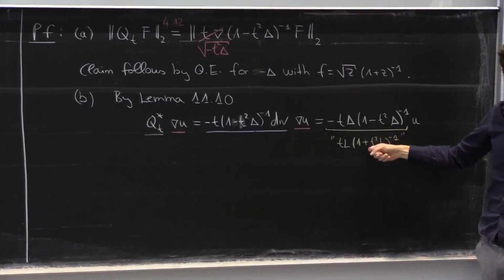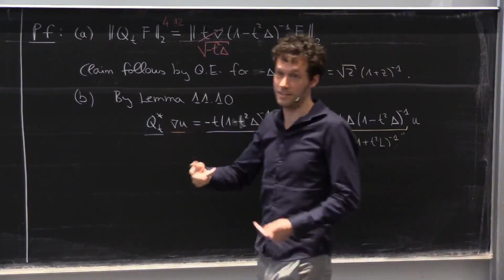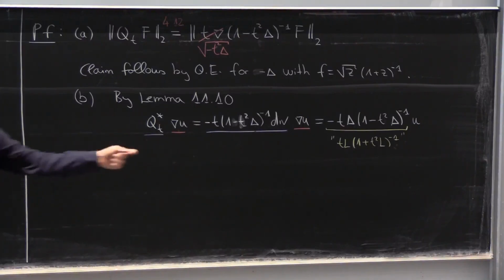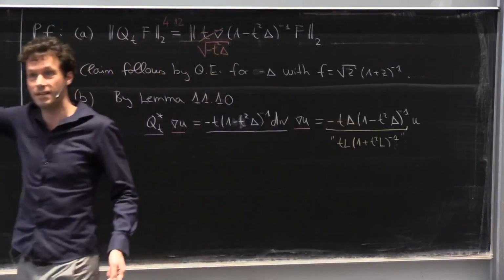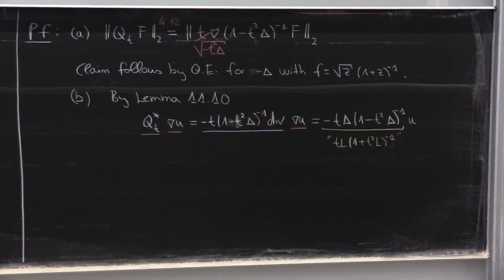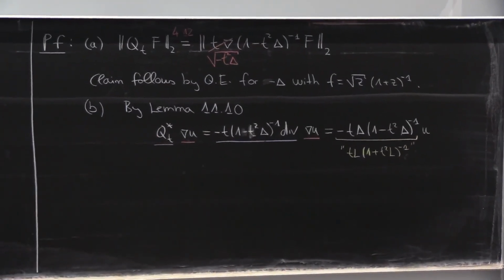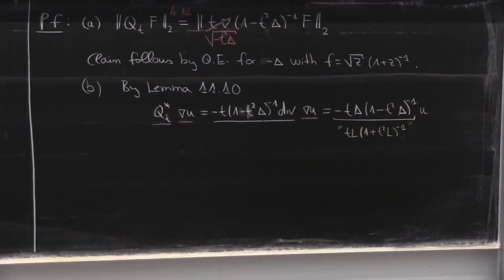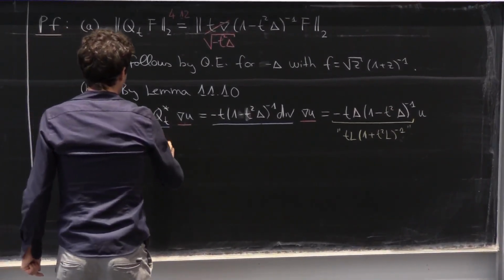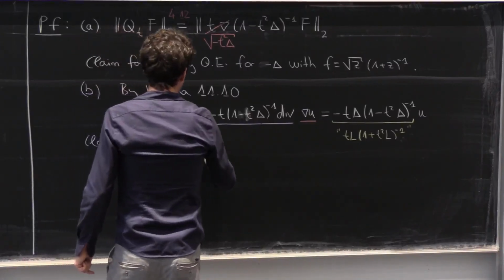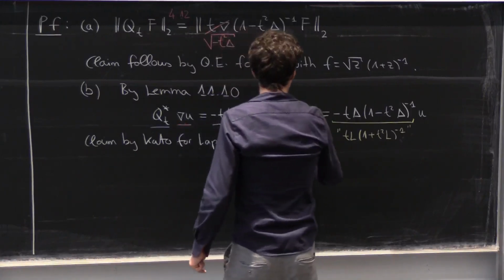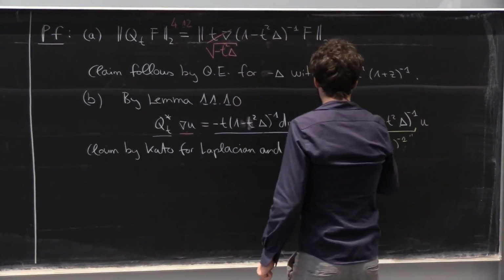And the square function estimate is equivalent to the Kato property. This is why we're using the square function to approach Kato. But since for this operator I already know Kato, I can use the reduction of Sylvie backwards. And so the square function of this is controlled by the Kato property, and the results from 12.7. Okay, so claim: by Kato for the Laplacian and 12.7 backwards.